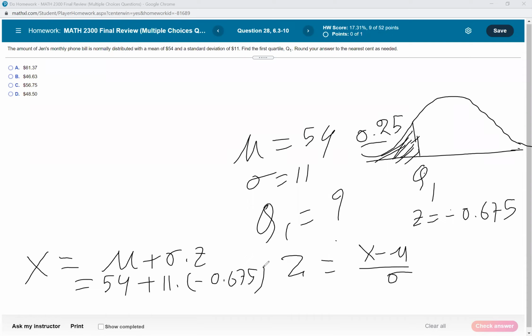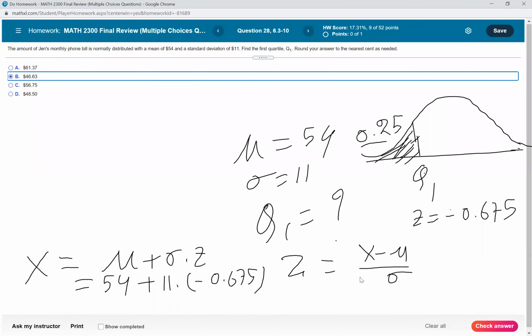So this is 46.575, or here we have actually 46.63. This is the closest one, so the answer will be 46.63. Yeah, this is the correct answer.